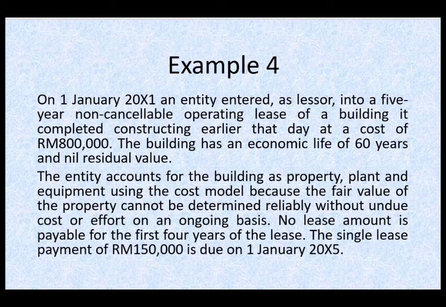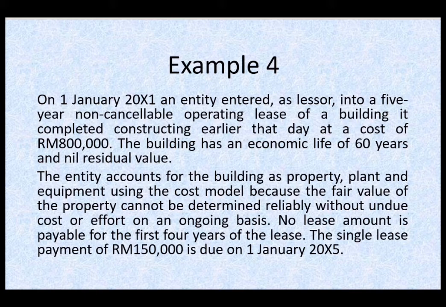Okay, for the next question, it seems complicated compared to the previous questions, but I will try to simplify it to make it clear. On 1 January 20X1, an entity entered as lessor into a 5-year non-cancellable operating lease of a building. It completed constructing the building earlier that day at a cost of 800,000 ringgit.